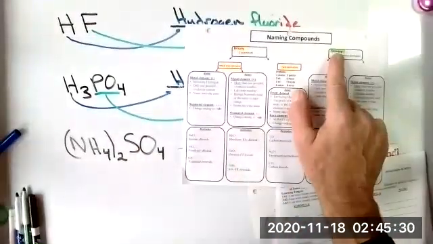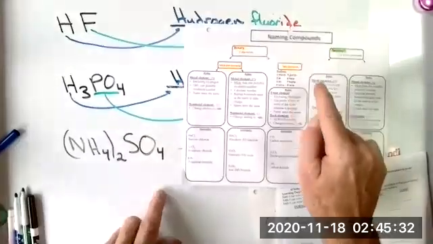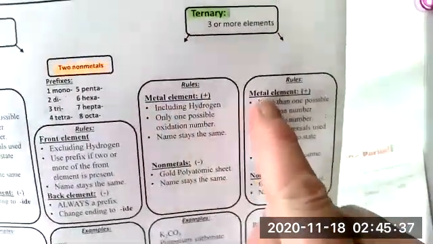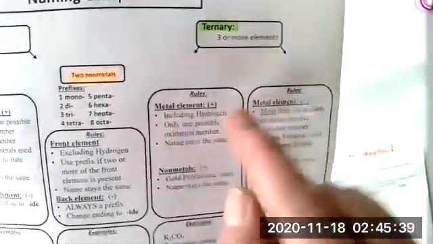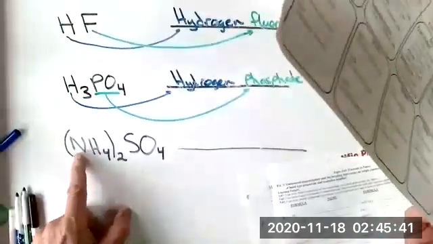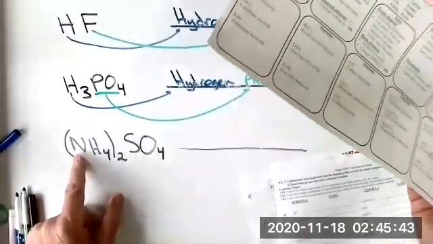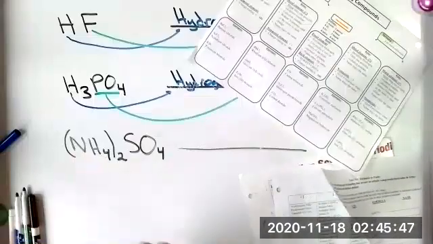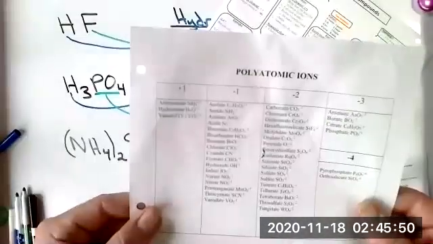I'm over here. Second thing, if you've noticed, we always deal with the metal in front. Well, do you have a metal in front? No, you've got some weird combination of non-metals. So wait a minute, maybe I better look him up on this sheet.